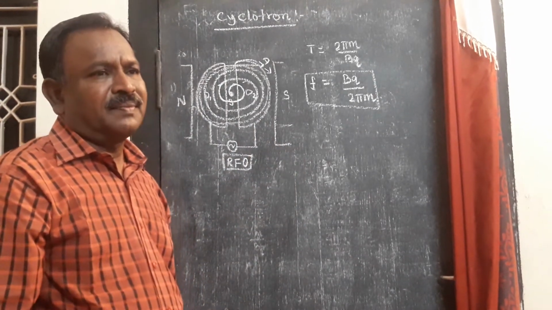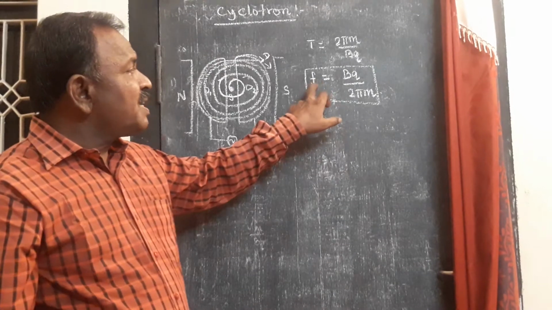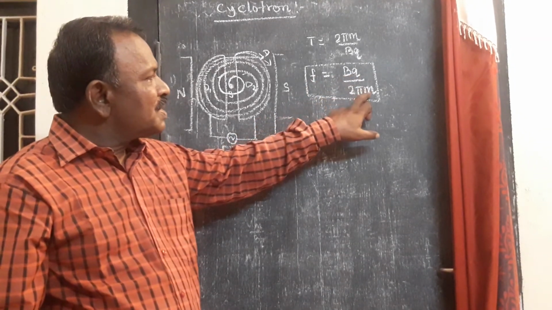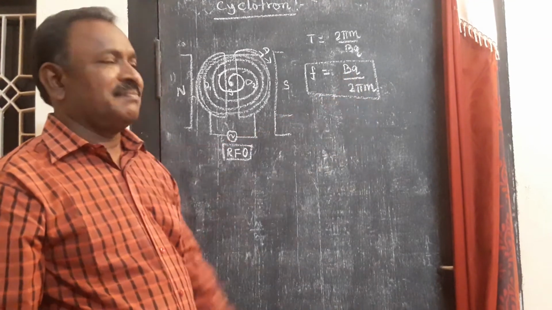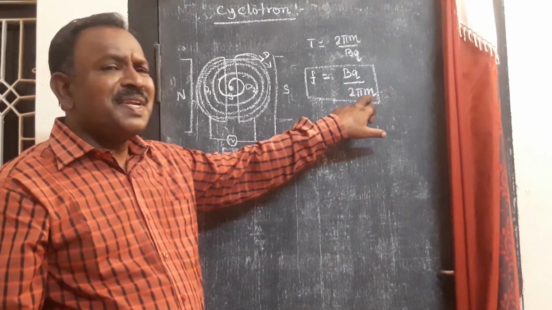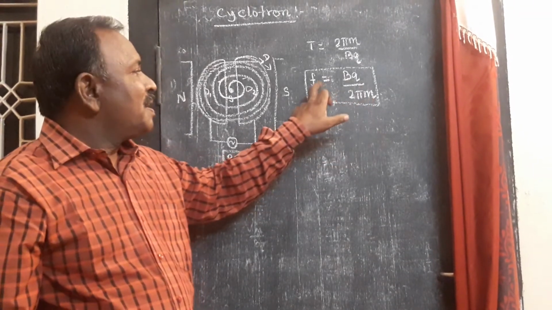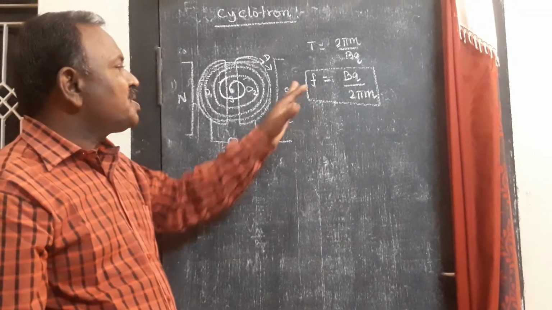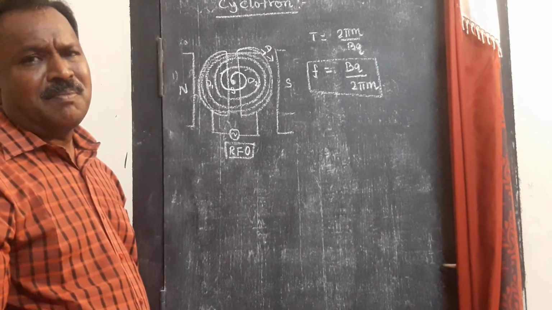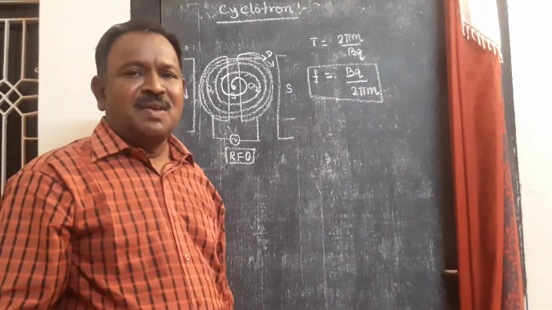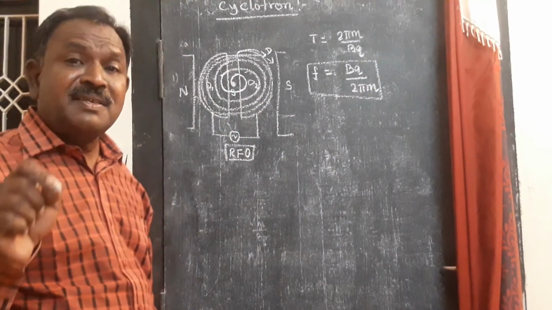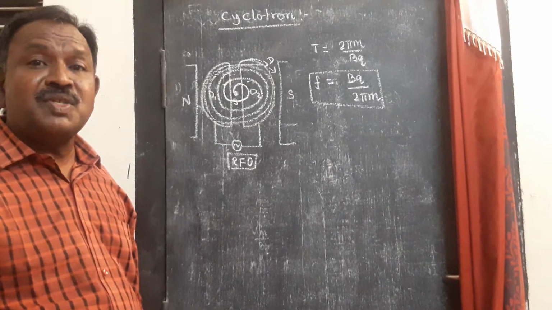Third, the frequency condition depends upon the mass and magnetic field. When the mass becomes very light, maintaining a constant frequency is very difficult. For example, when an electron moves with very high velocity, there arises relativistic variation of mass.